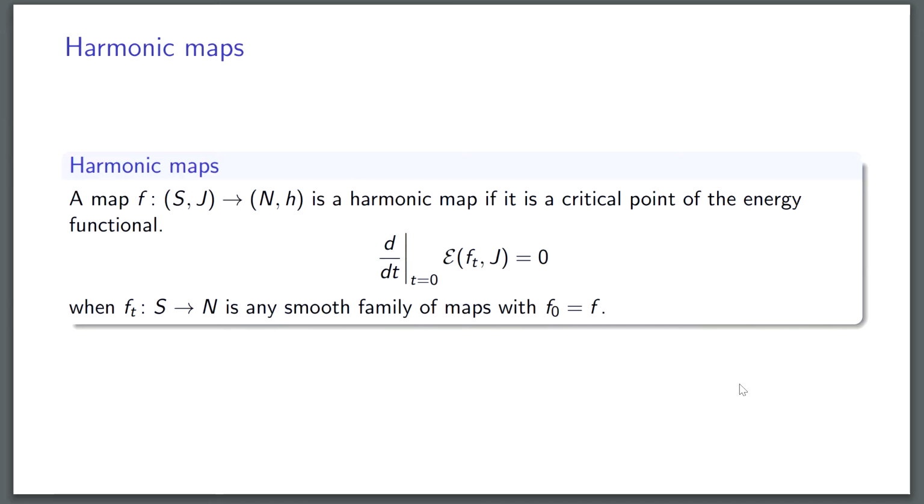Well, if we have defined the Dirichlet energy, we can now define what it means for a map to be harmonic. A map from S into N is called harmonic if it is a critical point of the energy functional.